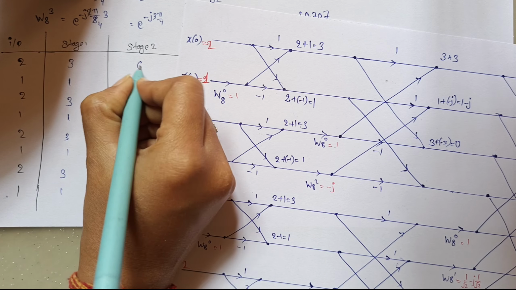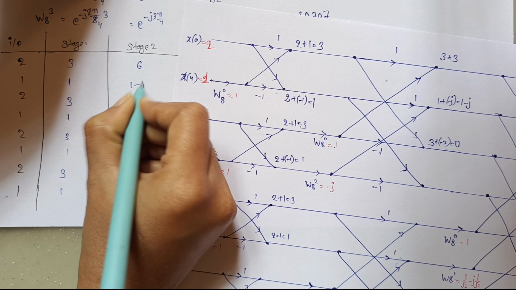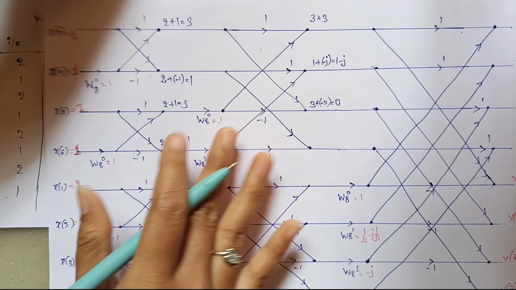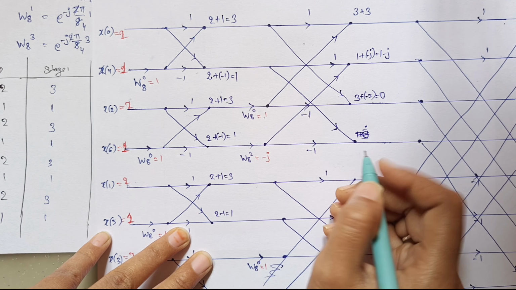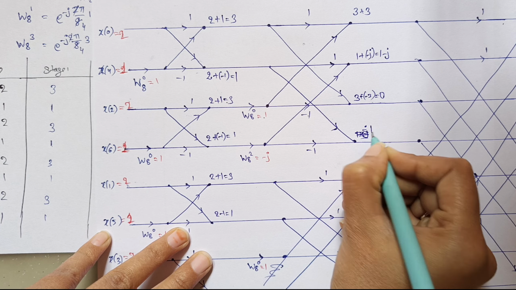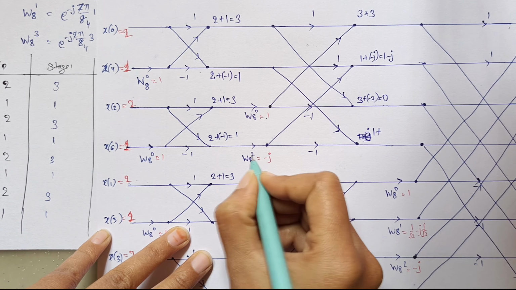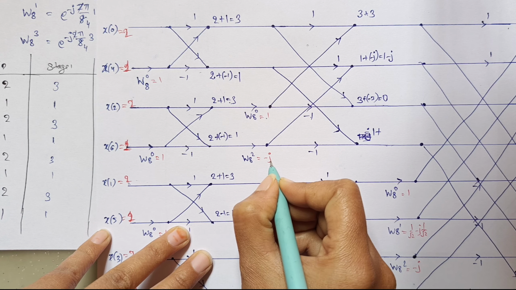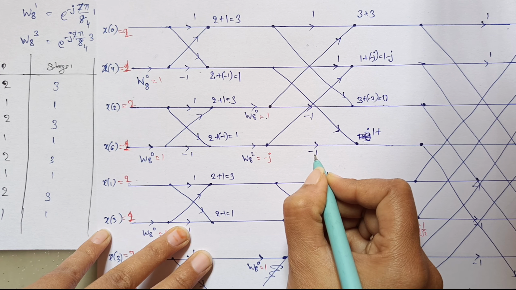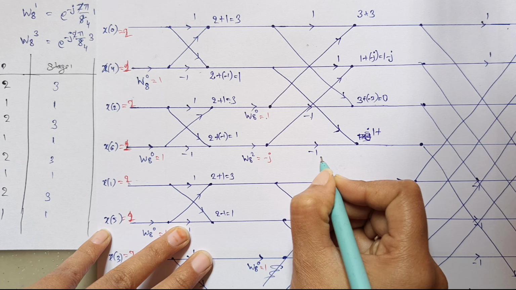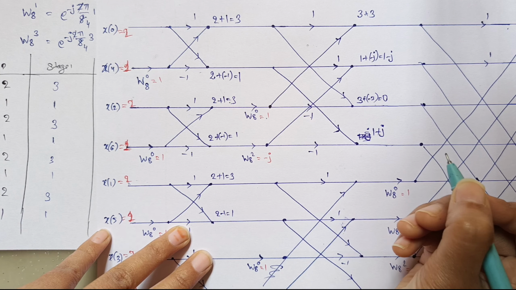So let's write it down here. We got 6, we got 1 minus j, and we got 0 on the bottom. So from here we got 1 and it will travel like this, nothing getting multiplied. We got 1 and plus, from here we got 1 into minus j, right? So it will get minus j. Minus j into minus 1, we will get plus j. So it will be 1 plus j.